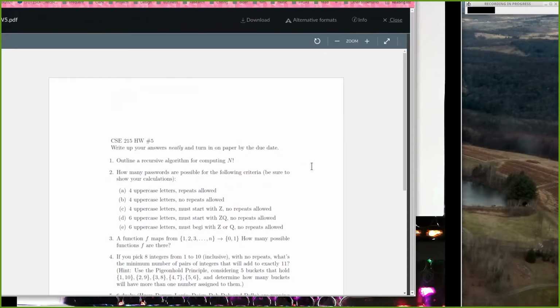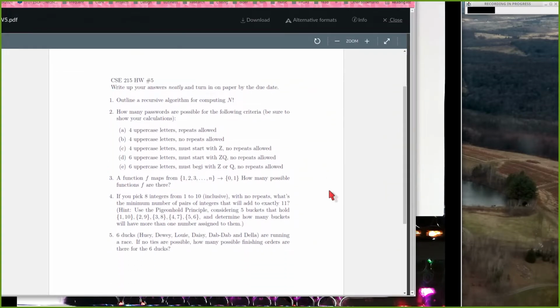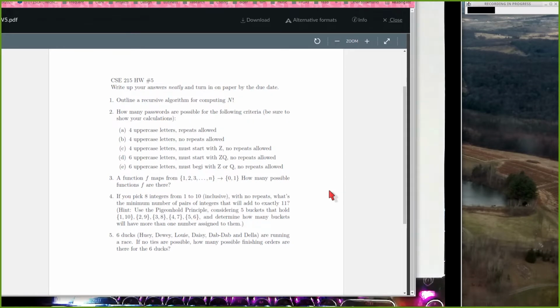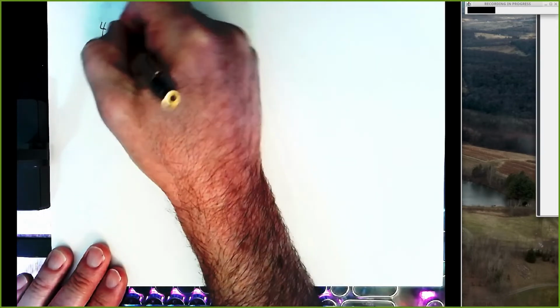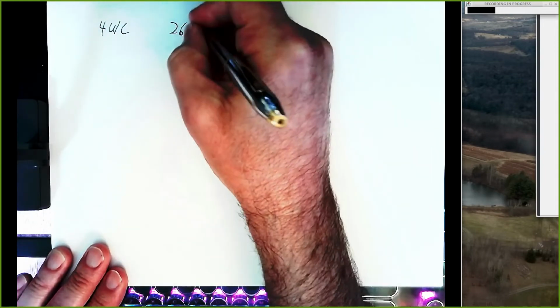All right, and the counting questions. So how many passwords are possible for the following criteria? So 4 uppercase letters with repeats allowed. 26 to the 4th.